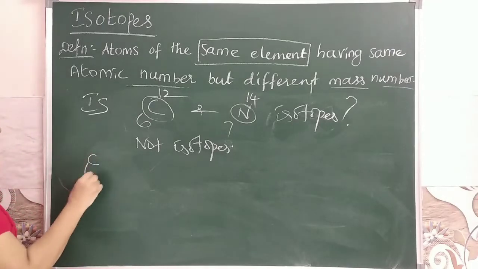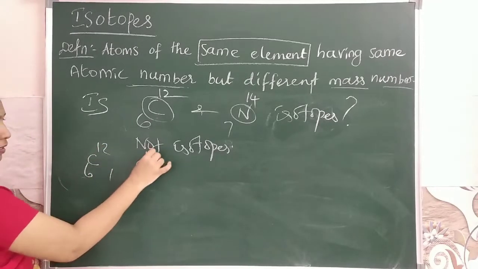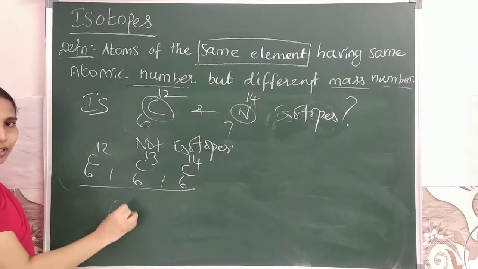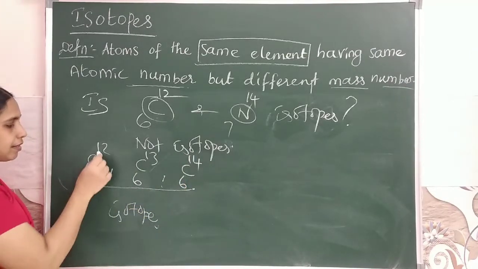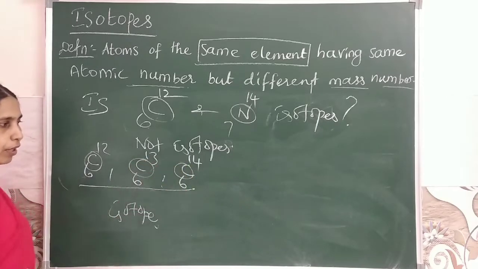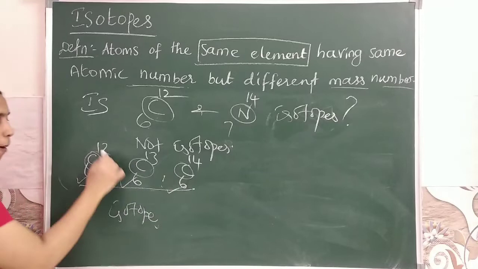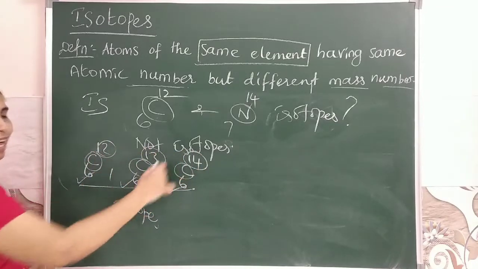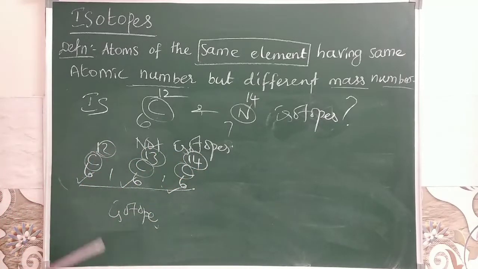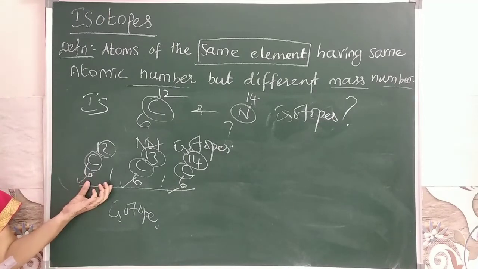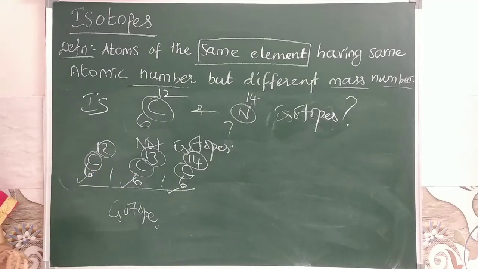Now, carbon 12, carbon 13 and carbon 14 are all isotopes. Why? Same element, same atomic number, but different mass number. So what are isotopes? Atoms of the same element having the same atomic number but different mass number.